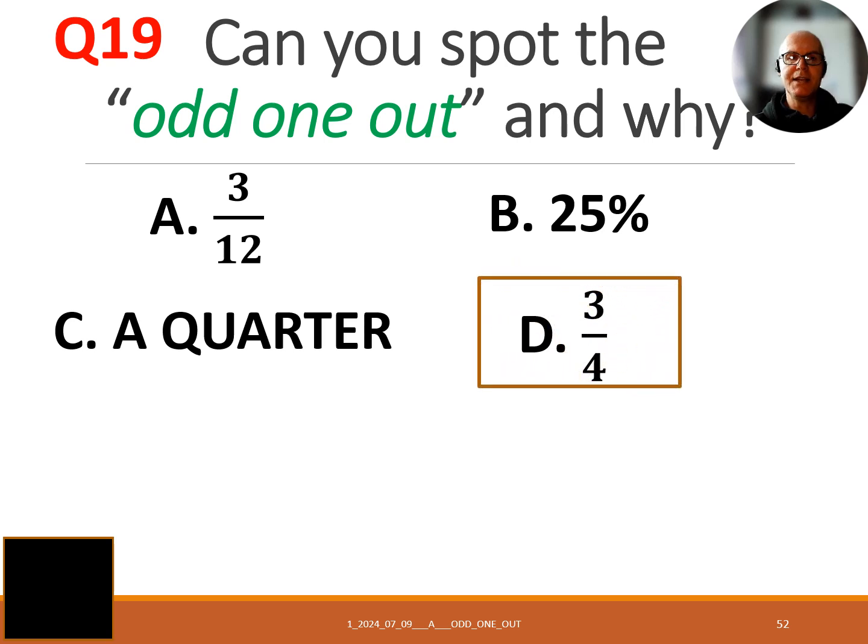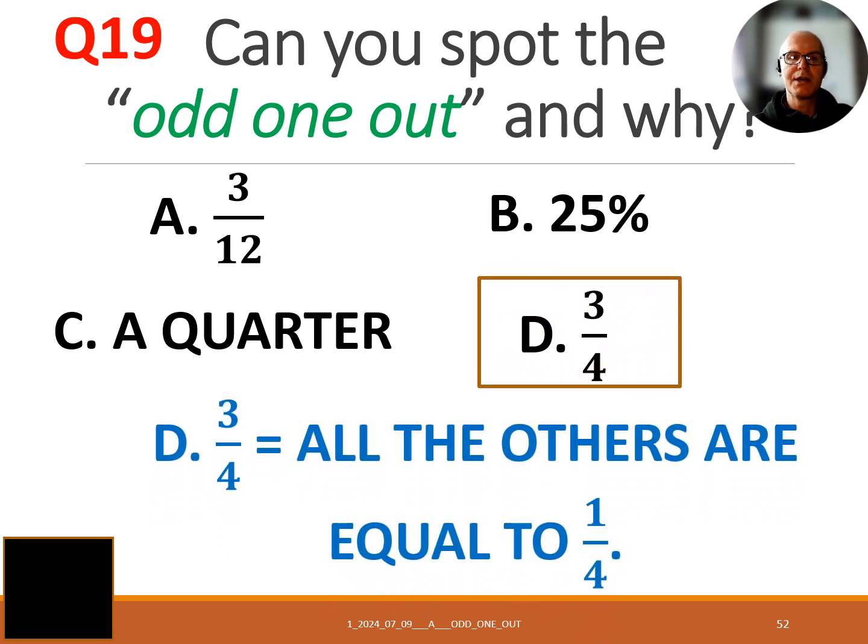It's D, 3/4, because the other 3 are the equivalent of 1/4. 3/12 can be simplified to 1/4. 25% is a quarter. The words a quarter is the same as 1/4, a quarter, and obviously 3/4 is not the same.